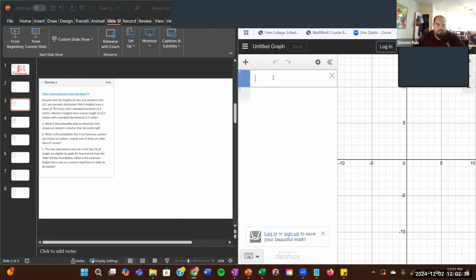All right, so I think we can do all of this with this normal dist function, or if you have a TI calculator, you can use that too, but I think this is pretty effective too.